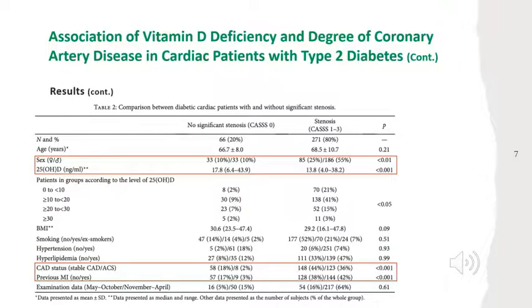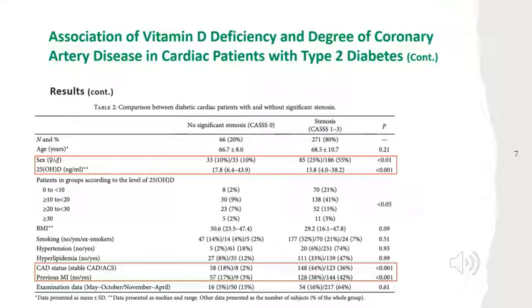Due to significant differences in the 25-hydroxy vitamin D level among patients with CASS 0 and CASS 1 to 3, the overall group was divided into two subgroups: patients without significant stenosis in any of the large epicardial coronary arteries, and patients with significant stenosis in 1, 2, and or 3 coronary arteries.